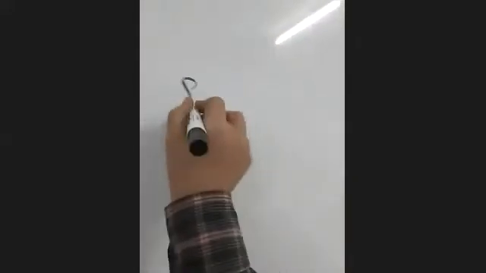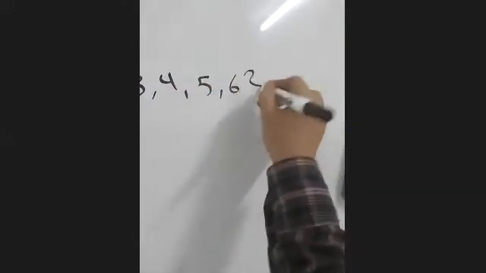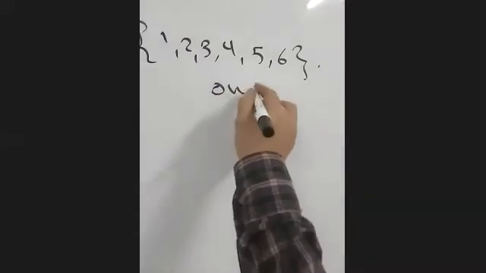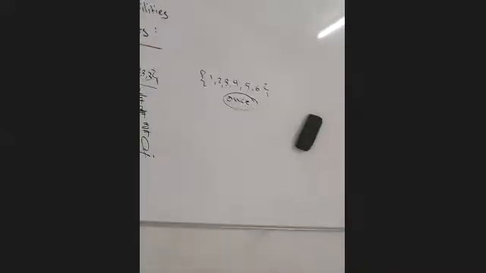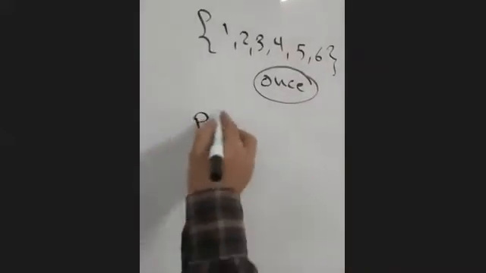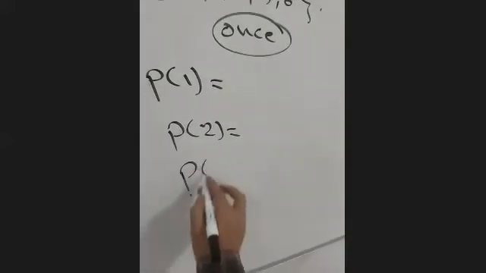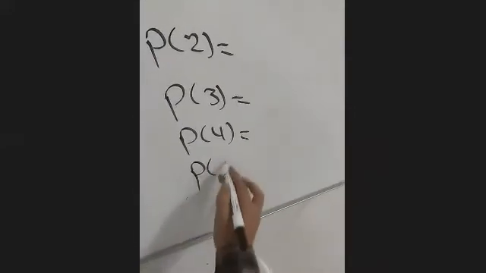For example, if I have the dice, you know the dice, 1, 2, 3, 4, 5, 6. If we flip it once, what is the probability to have 1? To have 2? To have 3? To have 4? To have 5?